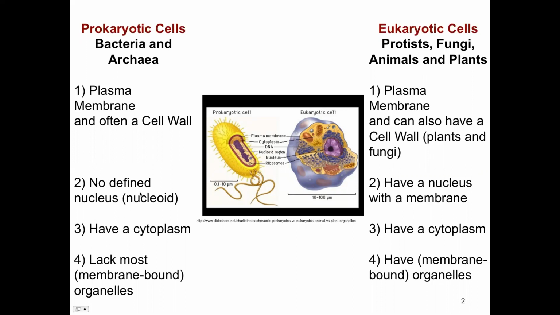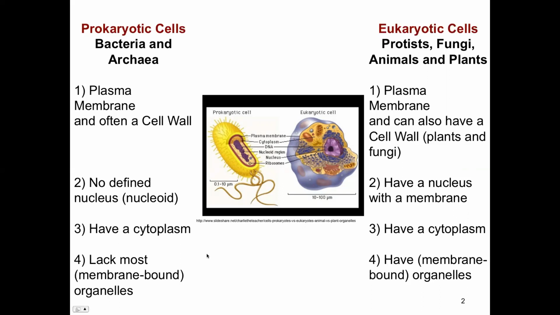It has DNA, obviously, but it doesn't have a membrane-bound structure protecting it, so it's sort of called the nucleoid. It's sort of collected in a region, whereas eukaryotic cells have a nucleus with a membrane. So the other points were plasma membrane, and often a cell wall, plasma membrane can also have a cell wall. Of course, humans, we don't have cell walls, but other things like plants and fungi, which are eukaryotic, do, all right?